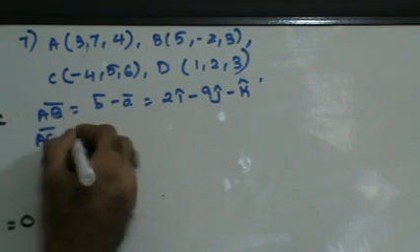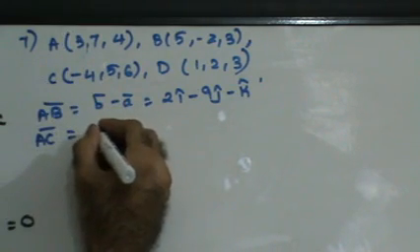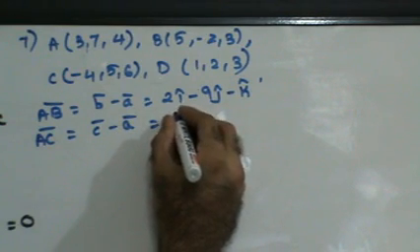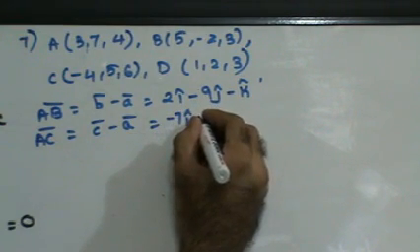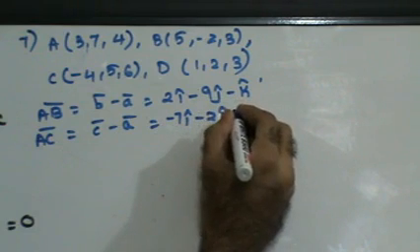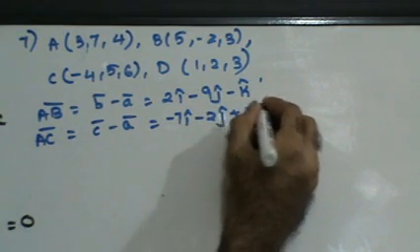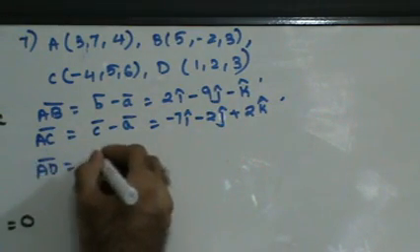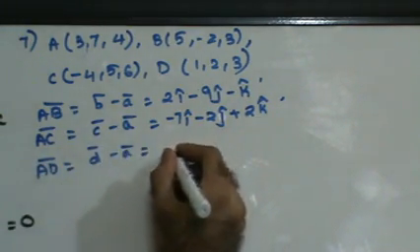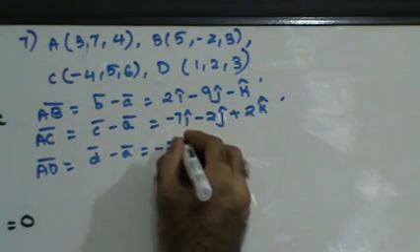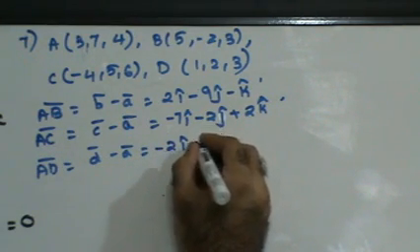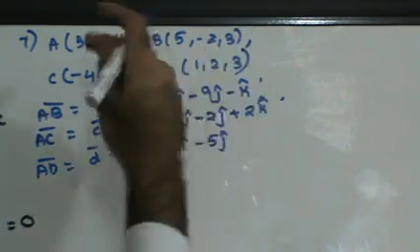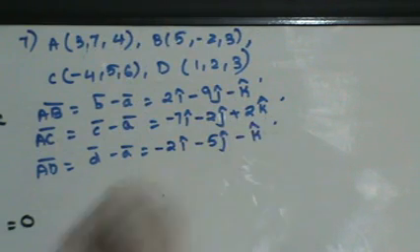Next, let's find out AC vector, which is C vector minus A vector: minus 4 minus 3, minus 7I vector; 5 minus 7, minus 2J vector; 6 minus 4, plus 2K vector. Next, let's find out AD vector, which is D vector minus A vector: 1 minus 3, minus 2I vector; 2 minus 7, minus 5J vector; 3 minus 4, minus K vector.